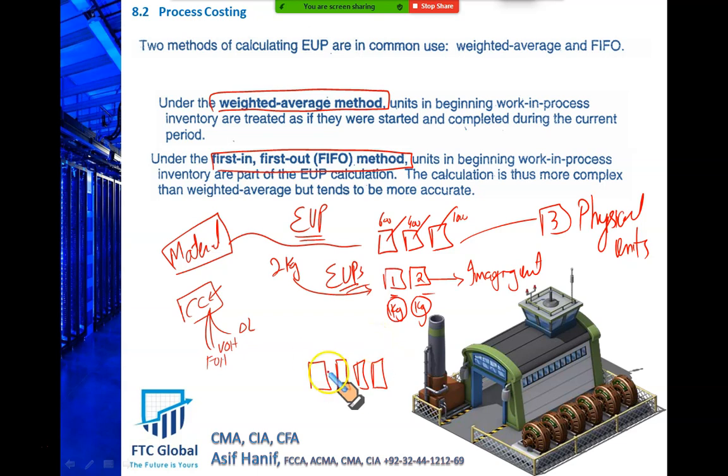So the conversion cost that was added was enough to produce 4 units. But in reality, when I counted the units, there were maybe 5 units. Now, in reality, there are 5 units. But the conversion cost that was added was sufficient to complete 4 units, 4 imaginary assumed units.